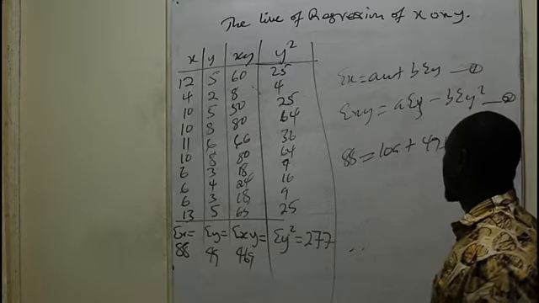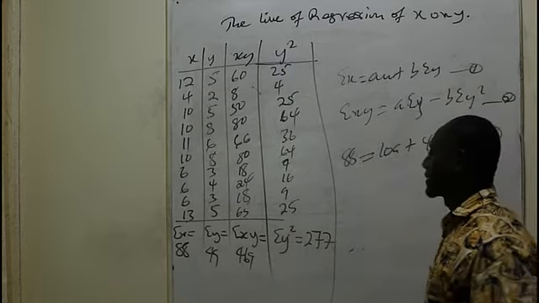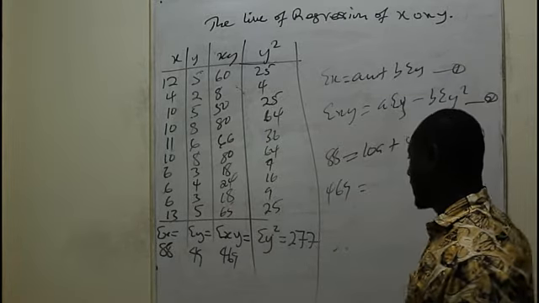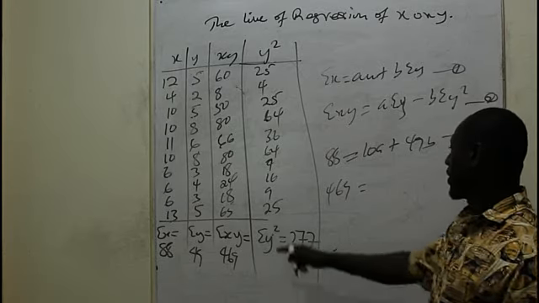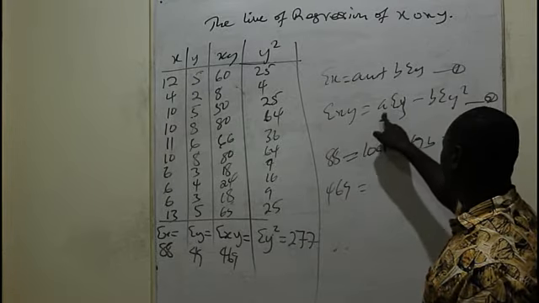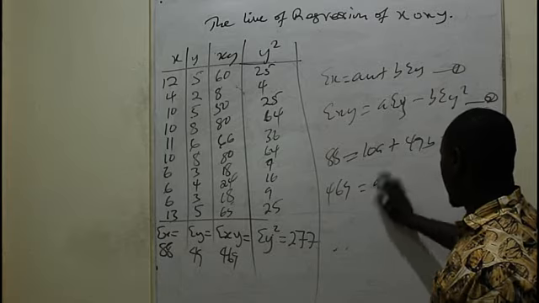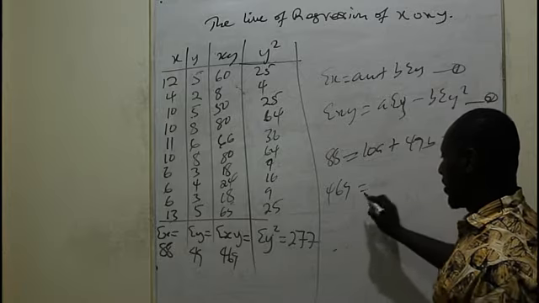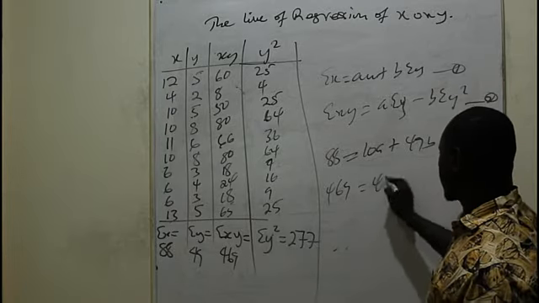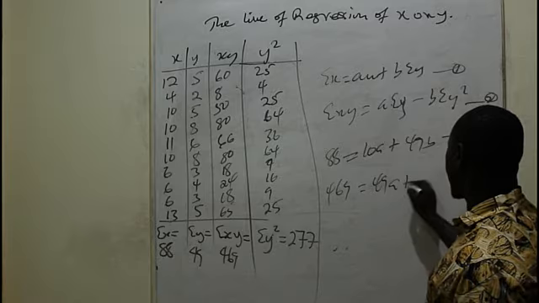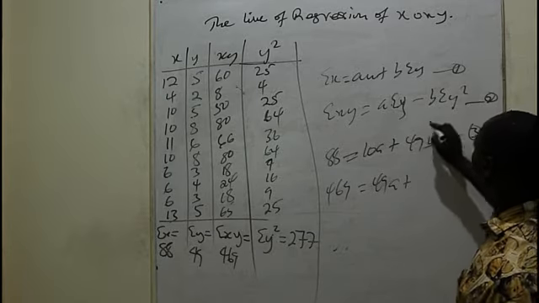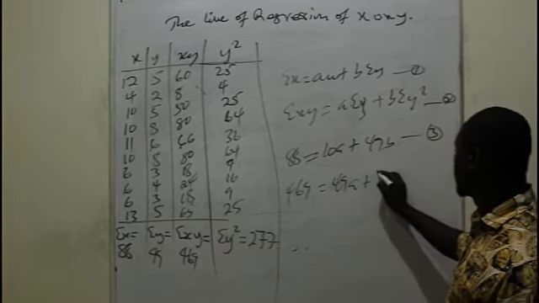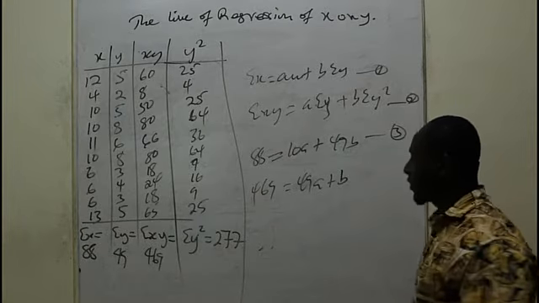This is equation 2. Then, what about this? The summation of xy is 469, and that is going to give you a, I don't know, times summation of y. Summation of y is 49, so 49a plus b, I don't know, times summation of y squared.